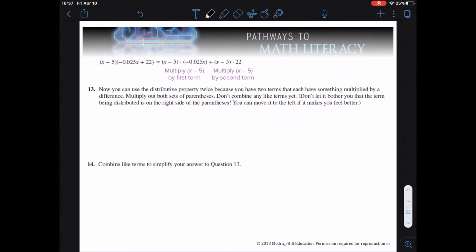So this term gets distributed to the negative 0.025x, and then it gets distributed to the 22. So now I have to take x minus 5 and multiply it by negative 0.025x, and the same thing, x minus 5 times 22. Now we have to apply the distributive property once again to get a simplified expression.